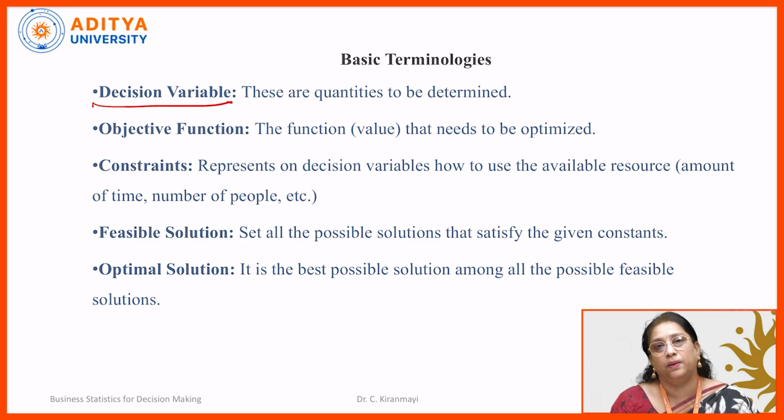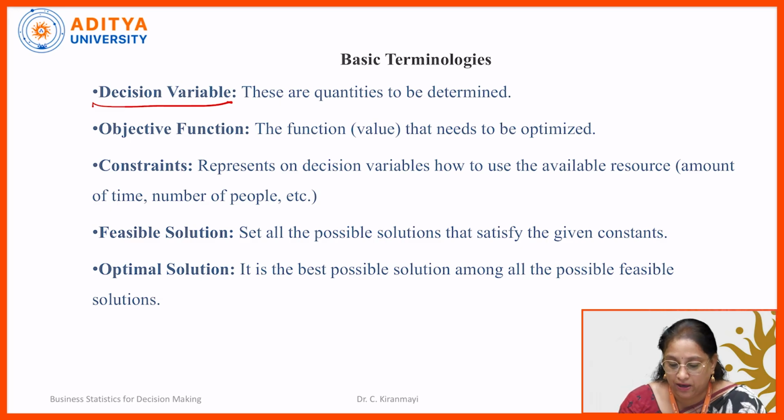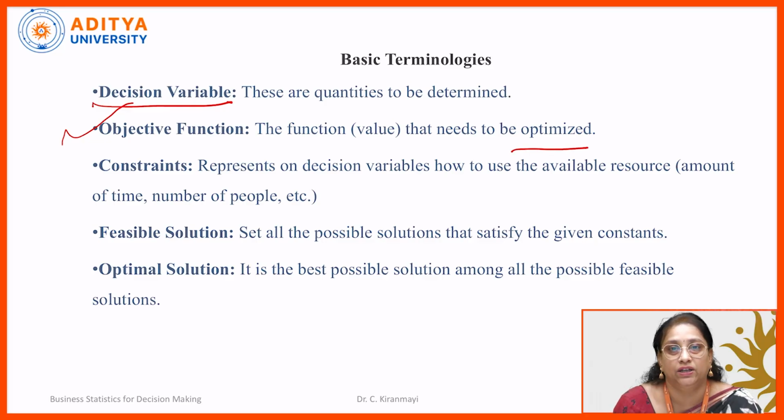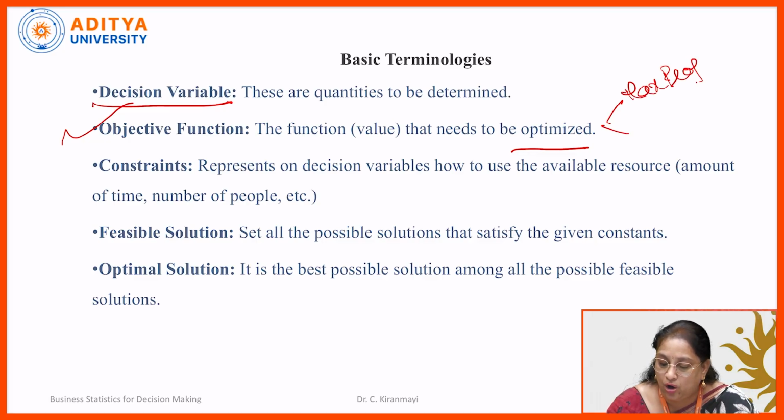And also in linear programming problem, we come across another term, that is objective function. So, what is an objective function? Objective function is that function which needs to be optimized. What is the meaning of optimization? If we consider a business organization, every business organization will have two objectives, that is either to maximize the profit or to minimize the cost.